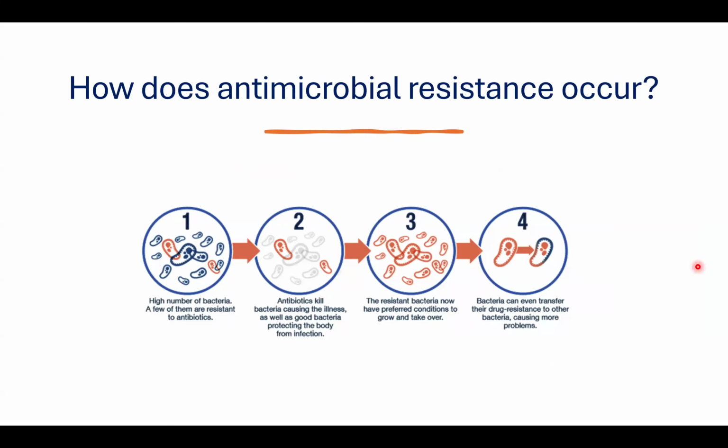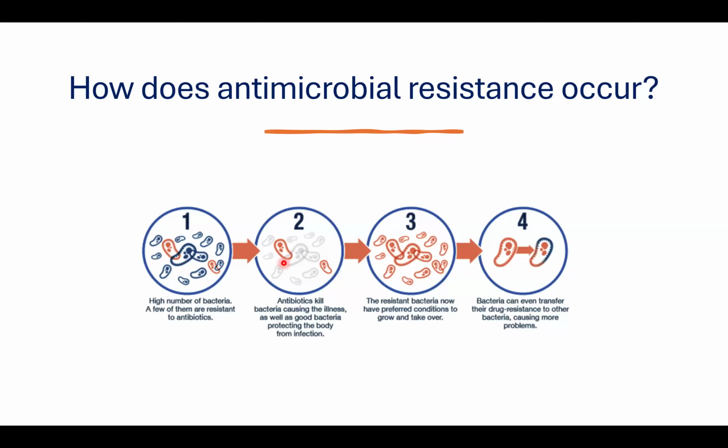So to understand how this resistance develops, first of all, there are normal mutations that keep happening in the genome of a bacteria. If there are many bacteria, some would have mutations and some would be resistant to an antibiotic. Now, when we give antibiotics, which typically are not in proper dose or proper duration, some of the bacteria get killed, the ones that are clearly susceptible.